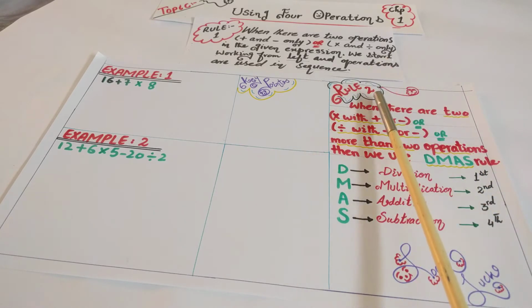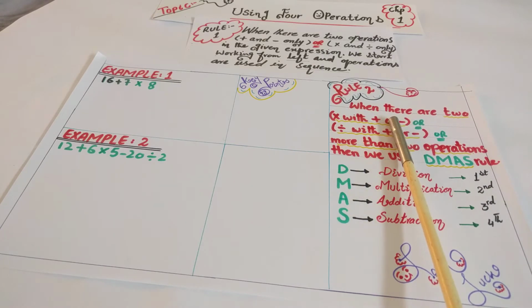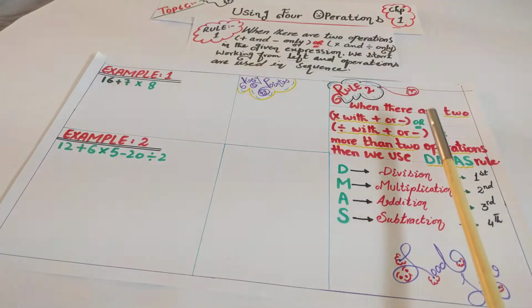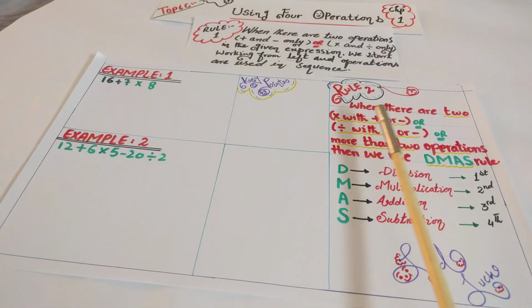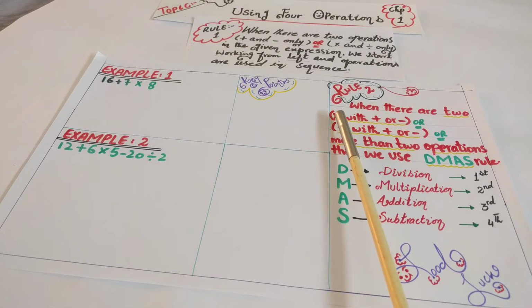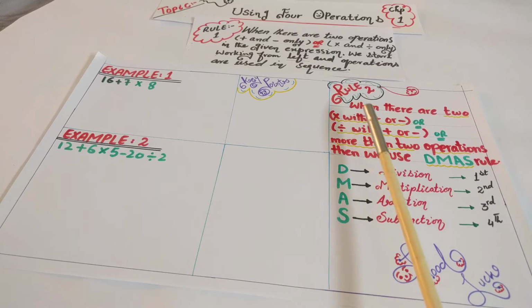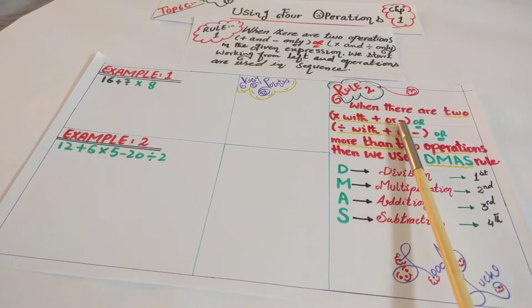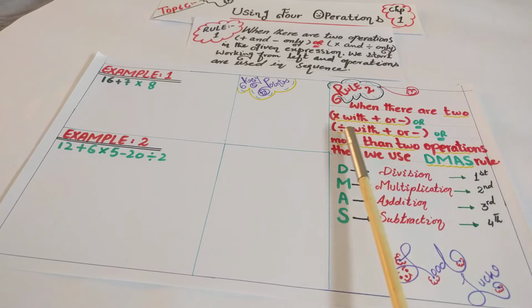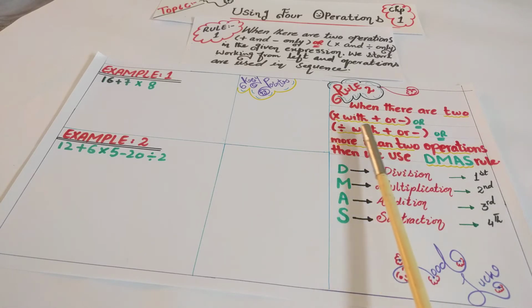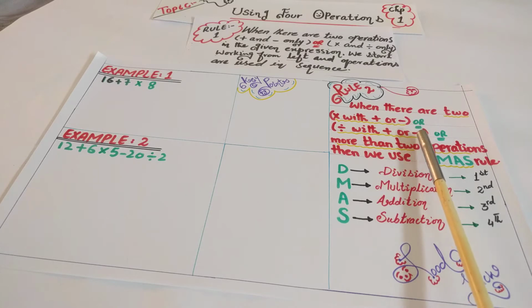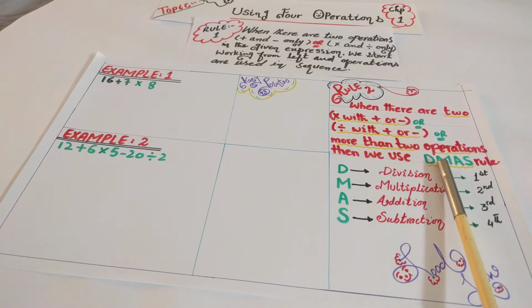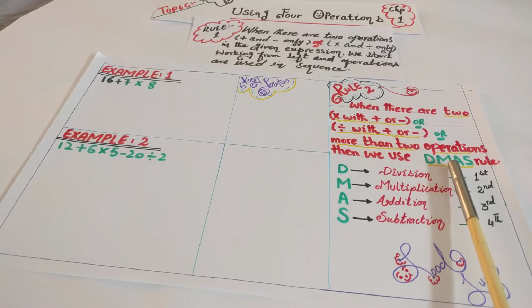In this rule number 2, there are two conditions. What is the first condition? First condition is when there are two signs, multiplication operation with the plus or minus, or if in the given expression division operation is with addition and subtraction, then we will apply the DMAS rule to solve the expression.